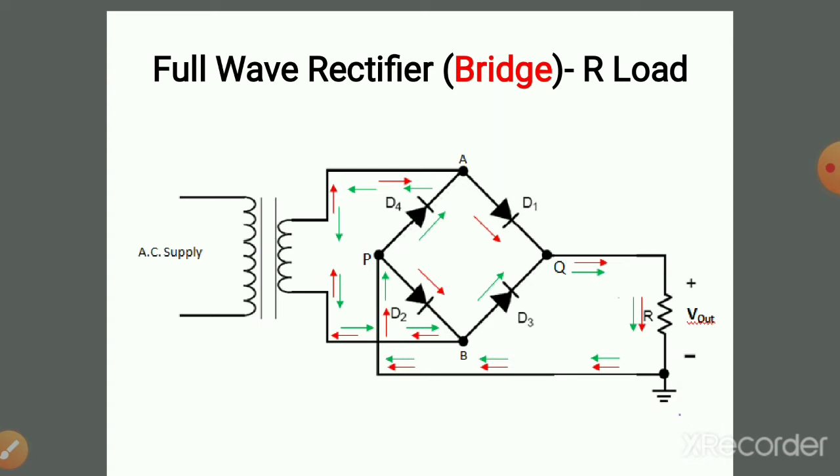That is the concept behind the full wave bridge rectifier. How the current flows is indicated using two arrows, red and green. The red arrow indicates the current flow whenever diodes D1 and D2 are acting, and the green arrow indicates the flow of current whenever diodes D3 and D4 are acting.